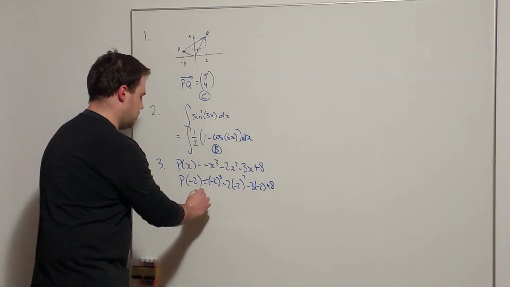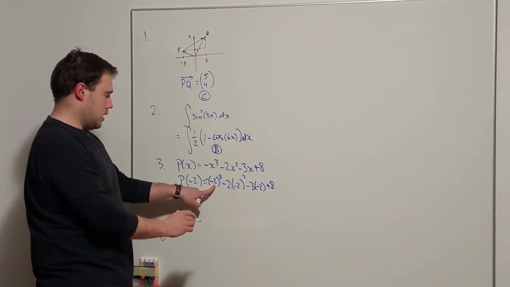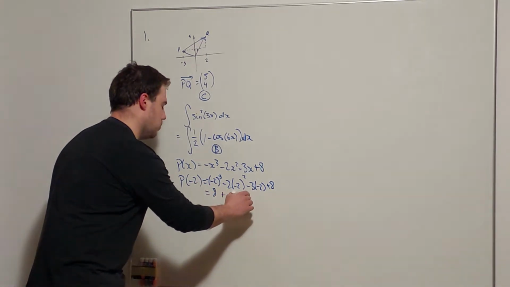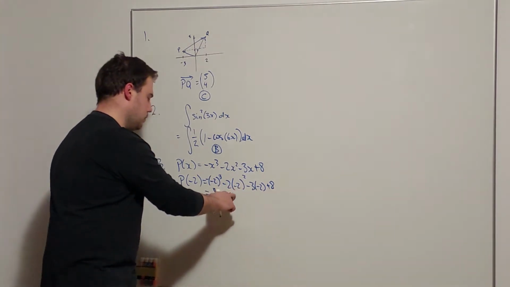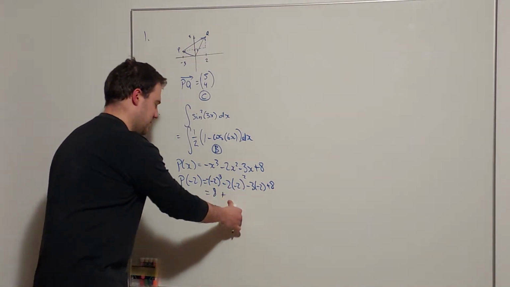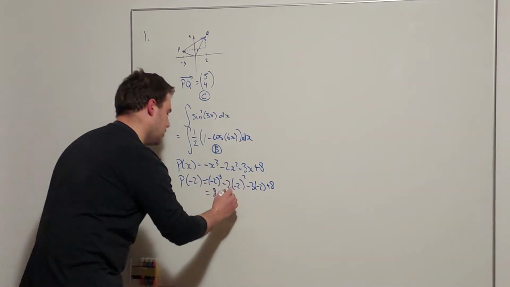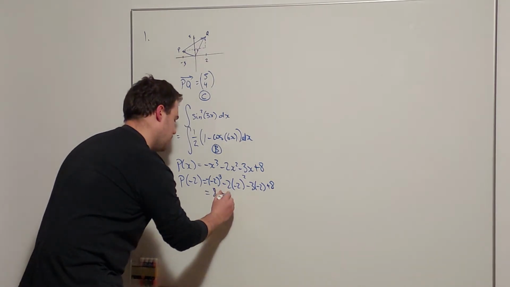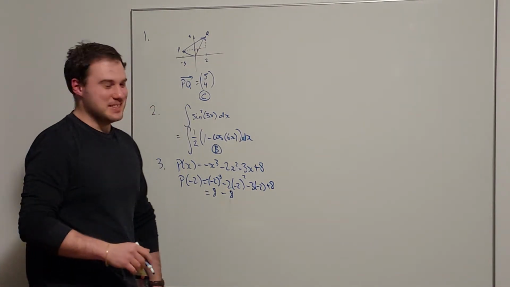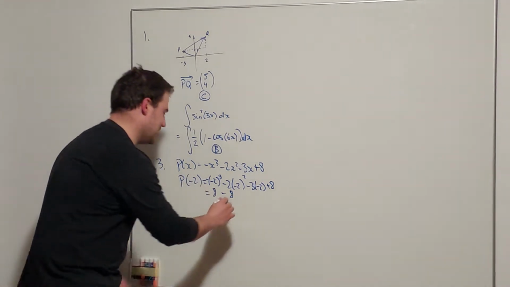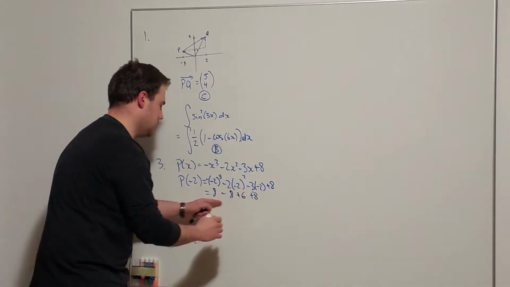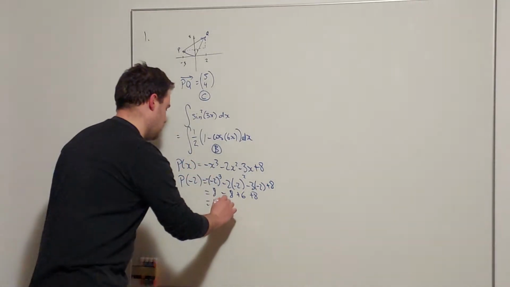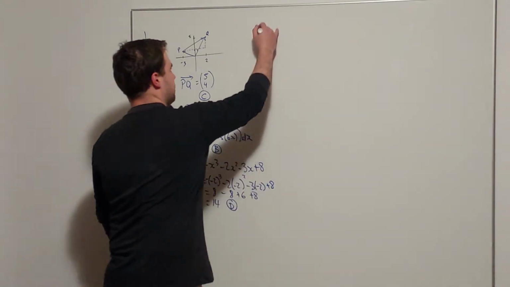And we're going to get -(-8), negative is going to be 8, then minus 2 squared, which is 4, times 2 is 8, so that's going to be minus 8, right? I'll come through with the hard questions later, I promise. Plus 6, plus 8, those two cancel, and we get 14, which was option D.